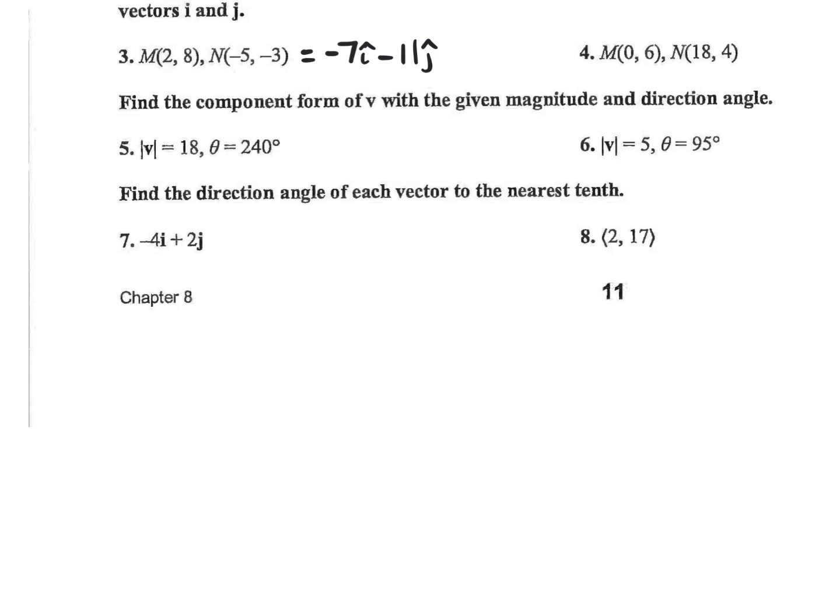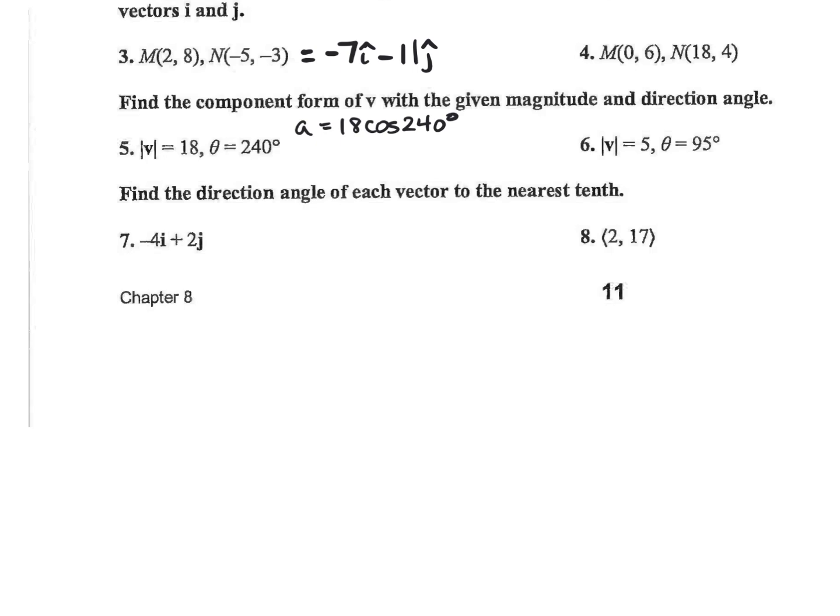All right. How do we find component form given a magnitude and a direction? We've done this, guys. We did this last time. A is just the x and b is just the y, isn't it? Don't we have a formula for that? Yeah. So our a is going to be what? 18 cosine 240.